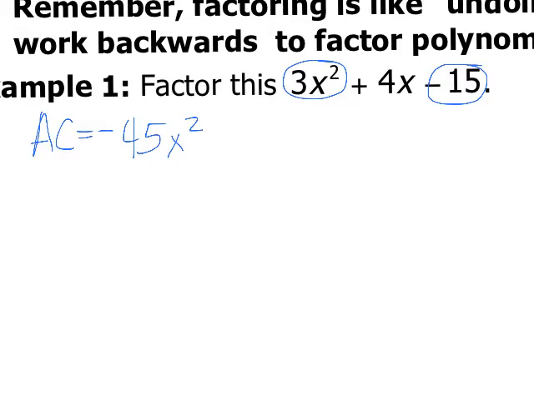All right, so now I need factors of negative 45. So let's start here. If it's a negative, remember that's going to be 1 positive, 1 negative. So I'll start with negative 1x and 45x, and then flip it, 1x and negative 45x. All right, what's next? Does 2 go into 45? No. Does 3 go into 45?